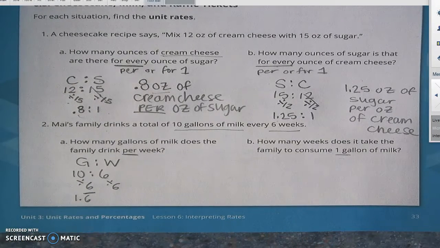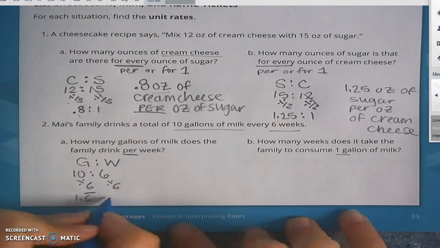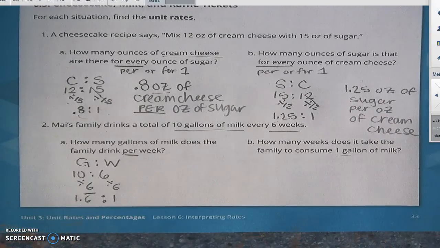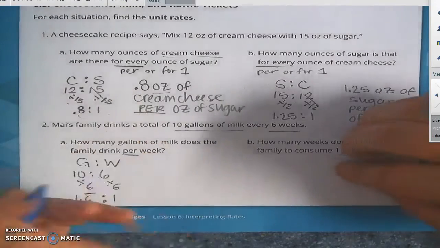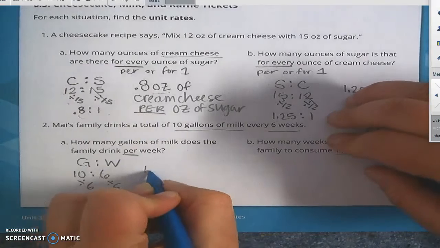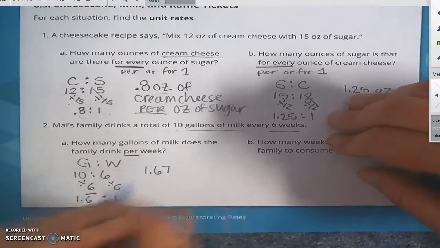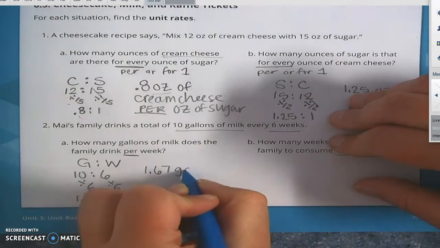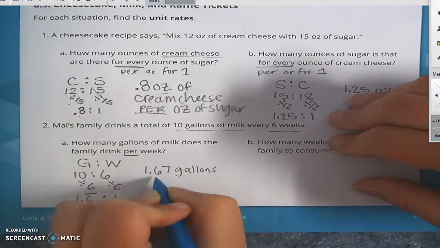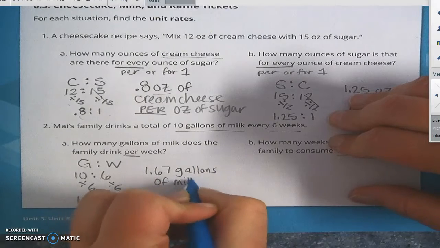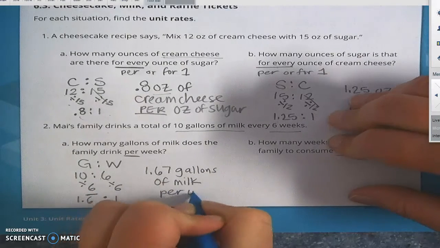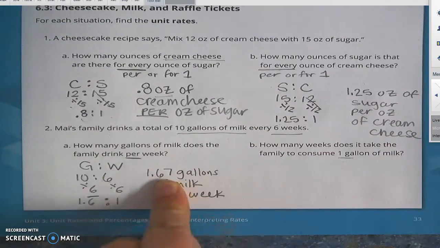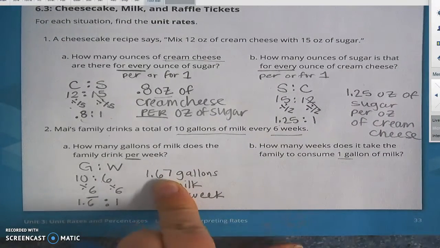That is not something you're expected to know at this point, but that's okay. And 6 divided by 6 is 1. So what that's saying is 1.6, I'm going to round it off, 1.67 gallons of milk per week. So every 1 week they drink 1.67, or the fraction of that is 1 2/3.